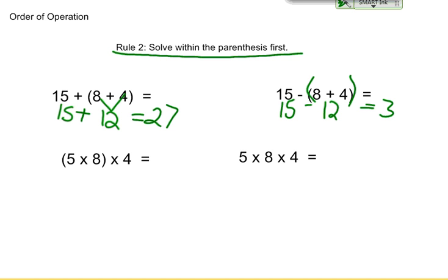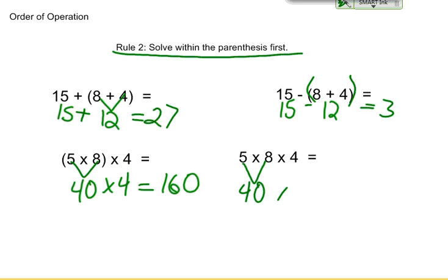Then as we look at the next problem, we see it's 5 times 8, which equals 40, times 4, which gives us 160, just like that.